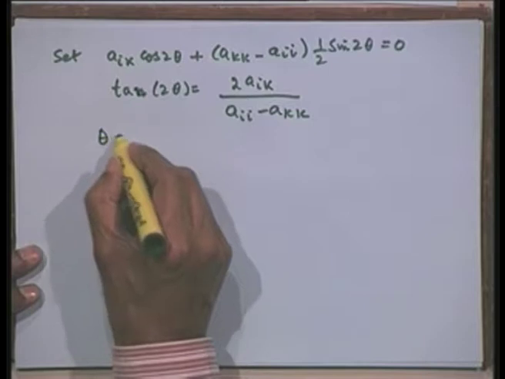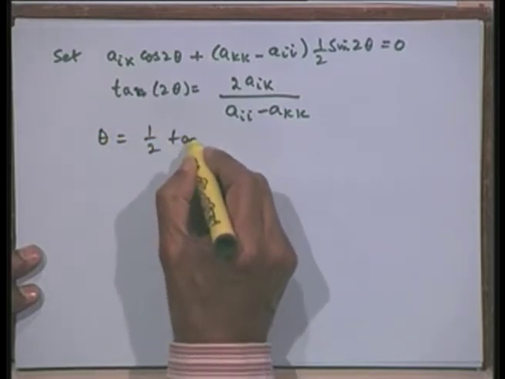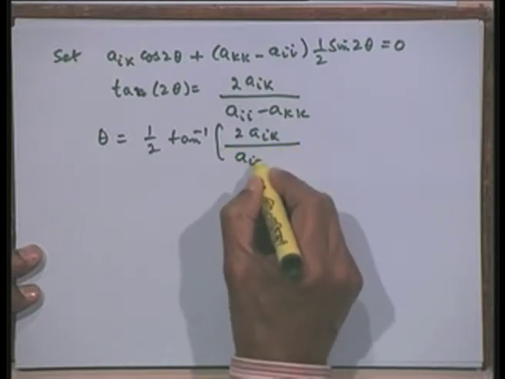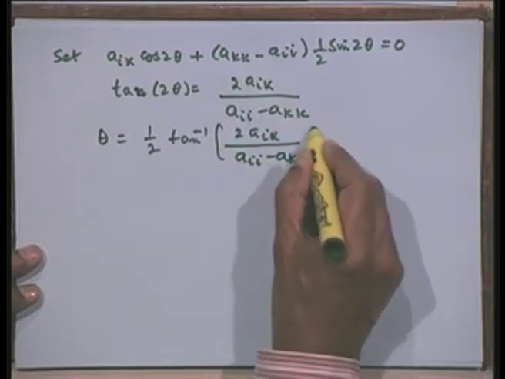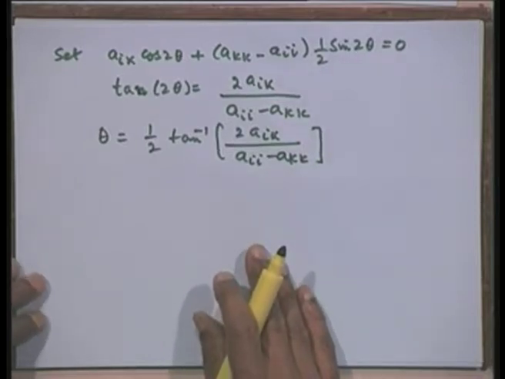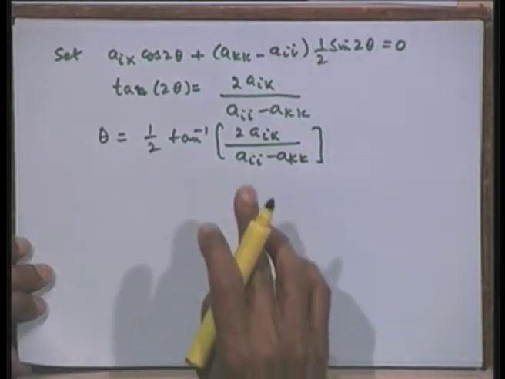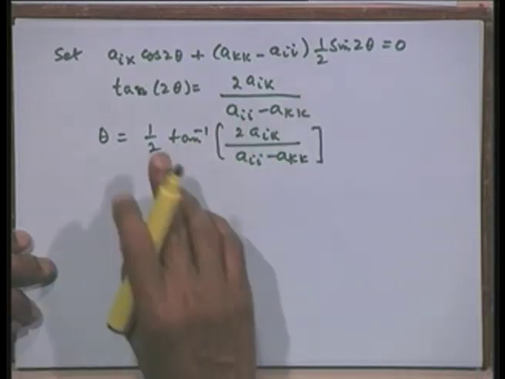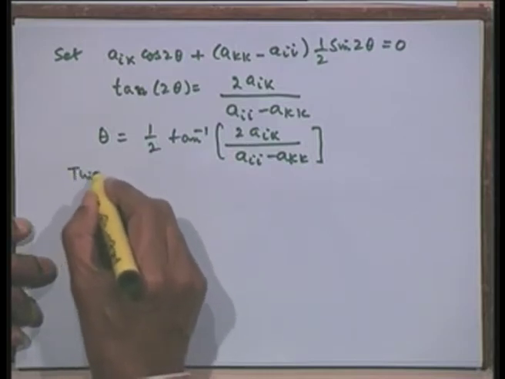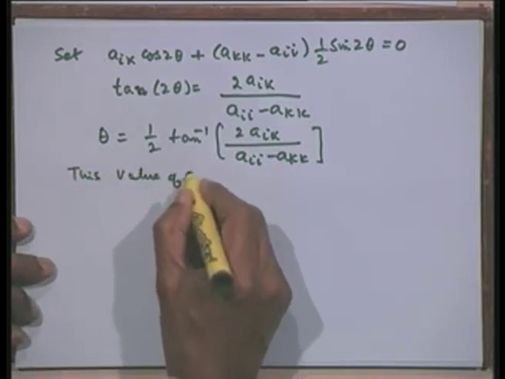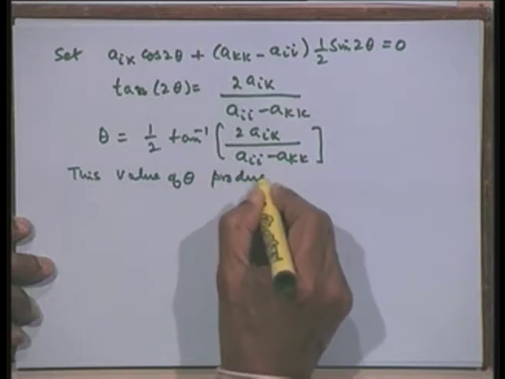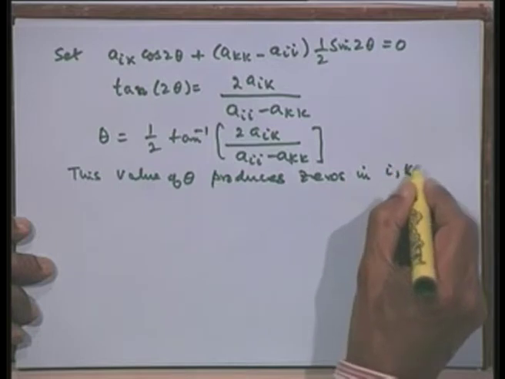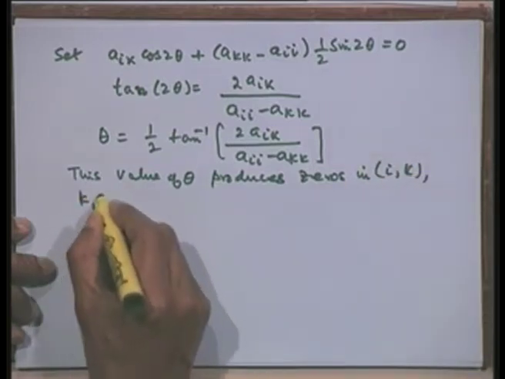Or theta is equal to half tan inverse 2 times a_ik by a_ii minus a_kk. This value of theta will produce zeros in ik and ki locations.